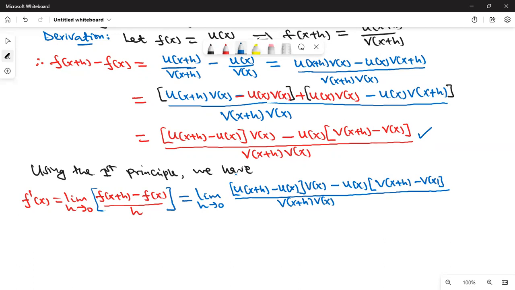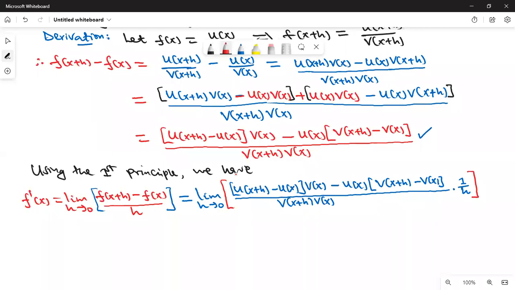That is our numerator, and that numerator should be divided by our denominator, which is h. So it's like multiplying by 1 over h. So times 1 over h, because we are dividing by h. So we have that.